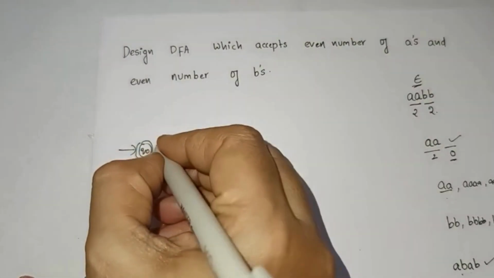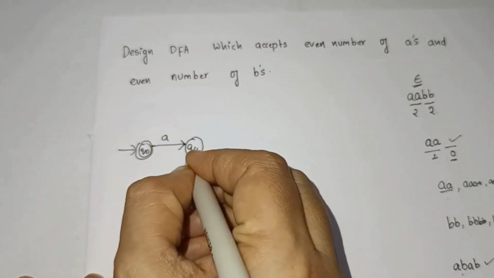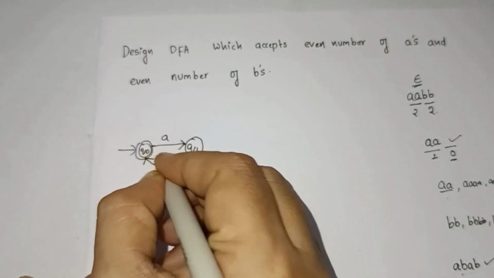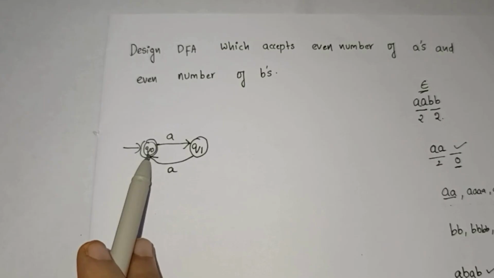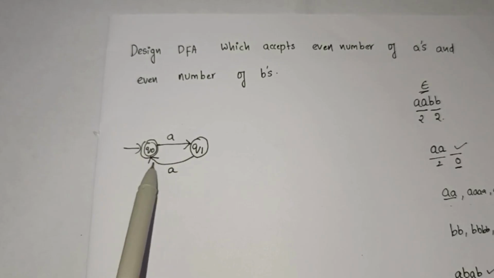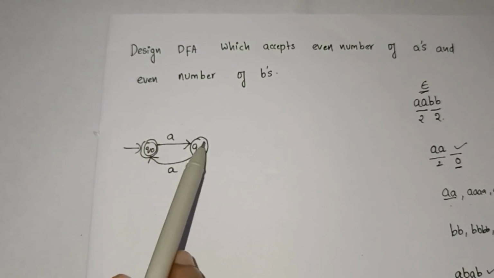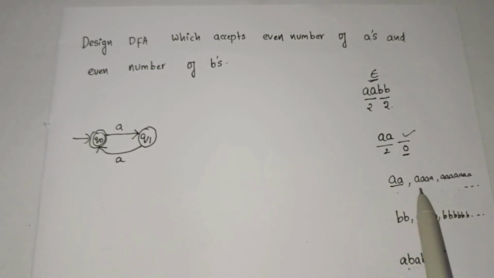So Q1, with A, this is 2 A's. 0 A's are accepted. 2 A's, 4, 6, 8. Like that, all even A's when B is 0 are accepted.